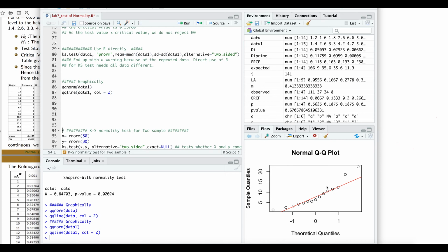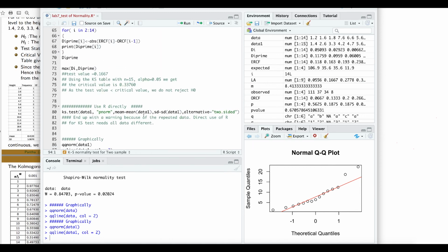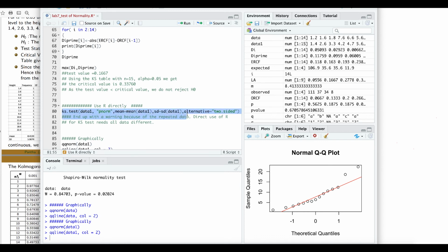If you just look at the graph, these two data points are a little off from the line, but is that far enough to say non-normality, or close enough to say normality? We don't know that. That's why we need the statistical test.